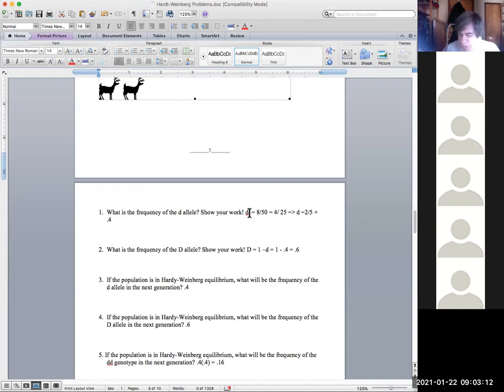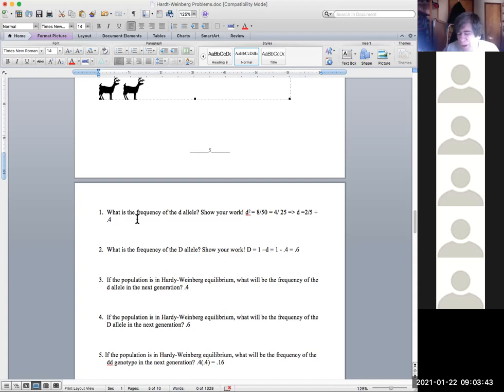To have that phenotype, you have to have 2 recessive alleles, so your little d, little d. Remember what I said the other day, this is why it's crucial to think in terms of associating big D, little d to different combinations with genotypes and phenotypes. So if little d squared is 4/25, we can take the square root of that, and little d will be equal to 2/5, or if you're doing decimals, 0.4.